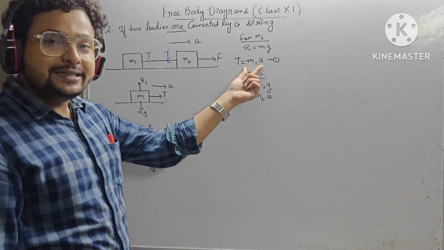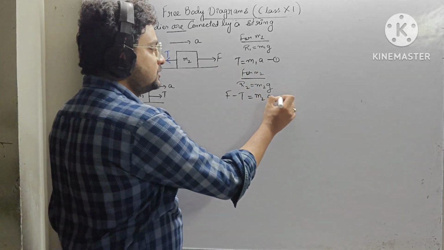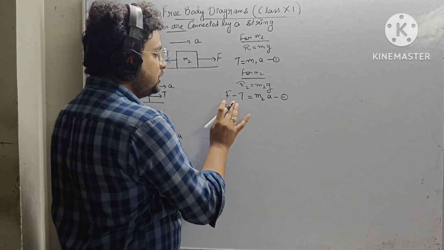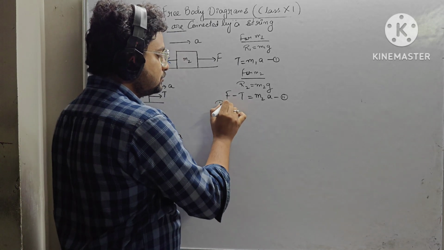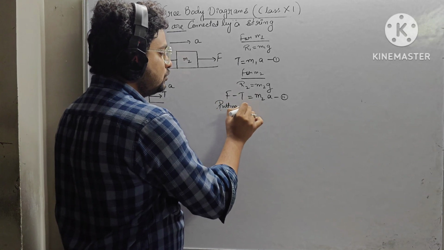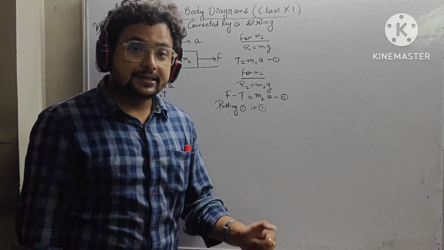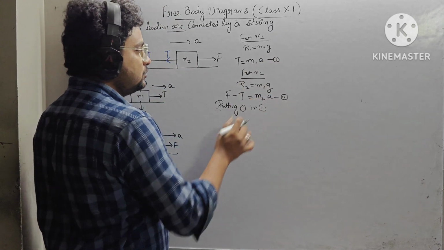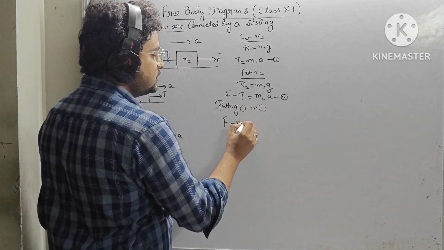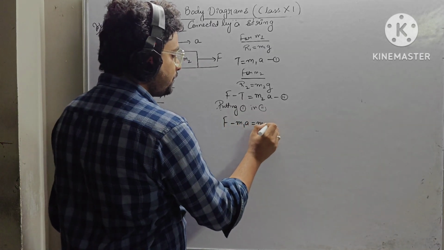Now this value of T we can put over here. Suppose this is equation 2. So putting 1 into 2, remember our task was to find out the acceleration. I can write F minus M1A equals to M2A.